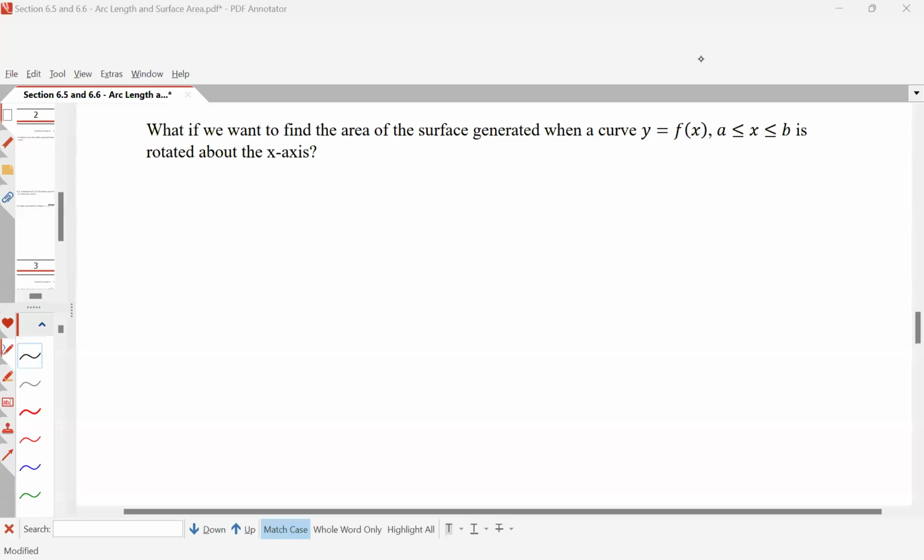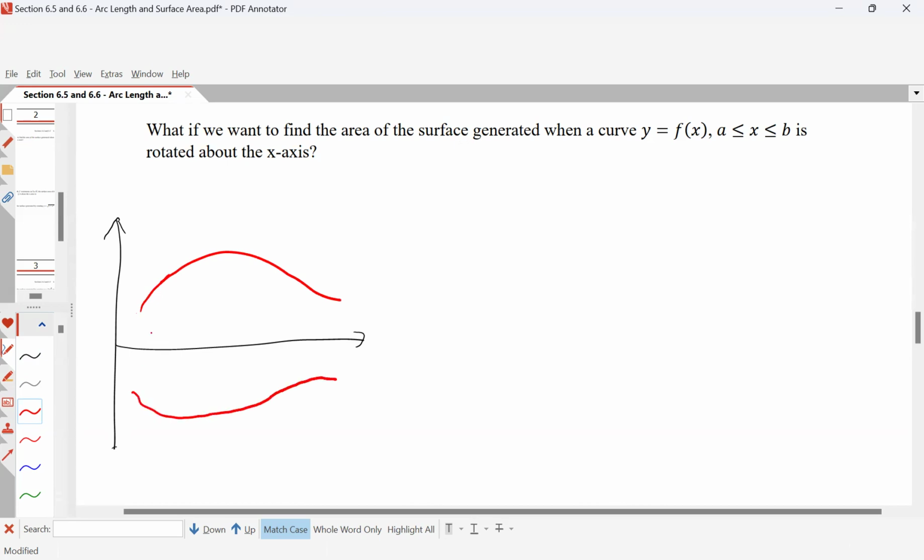In this video, we want to take a look at how we could find the surface area of our volumes of rotation or our solids of rotation. So what if we had a function and we rotated it about the x-axis?